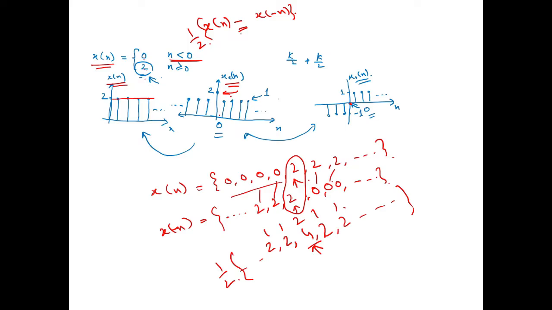Because of this negative sign, the signals over here are in the negative domain. Okay, any doubt? क्या डाउट है? नहीं है? Okay, good.